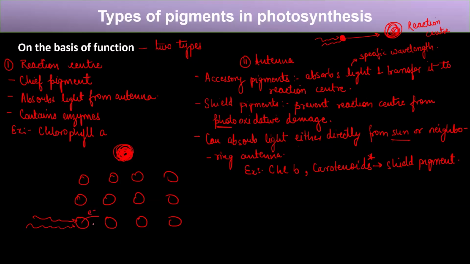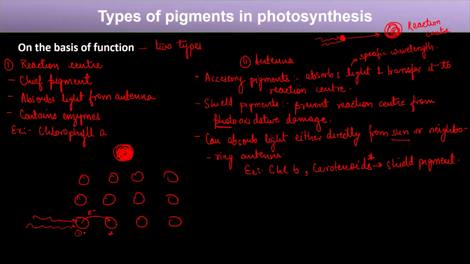When it comes back to the ground state, it transfers its energy to the neighboring antenna. So the energy received by this neighboring antenna will be less as compared to the first one. In this way, by the time it reaches the reaction center, the energy is attenuated so that it does not affect the reaction center. So this is how all these pigments work.